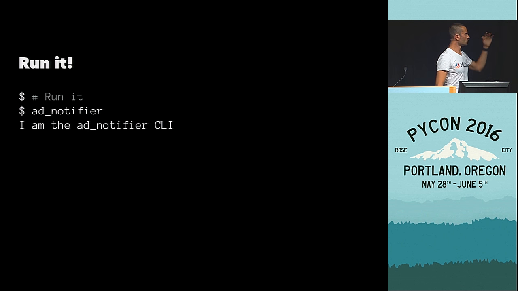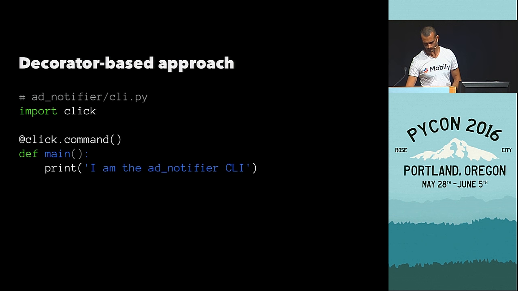So the most basic thing that you can do, and if you run that cookie cutter template, that's actually what you get after you provide a couple of names and things like that, is our command line client is called add notifier, and we run it, and it just prints out, I am the add notifier CLI. And this is fairly trivial to implement with Click.